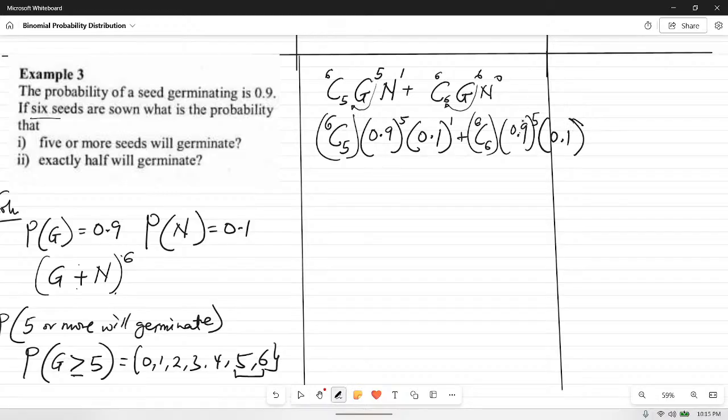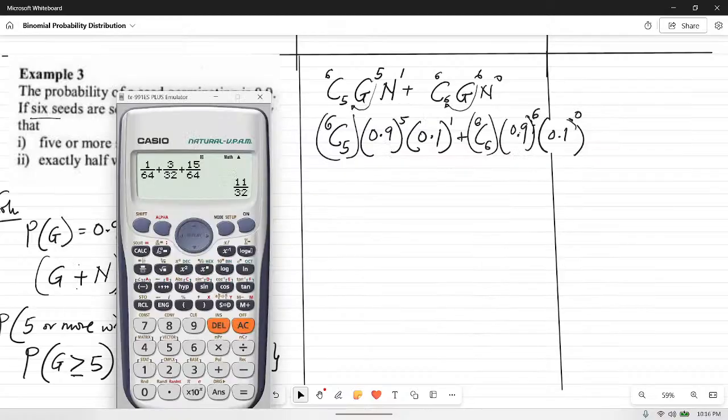This is 5, so here will be 6. Are you following? Yes, sir. 0.1 exponent 0. So go to your calculator and put table mode.